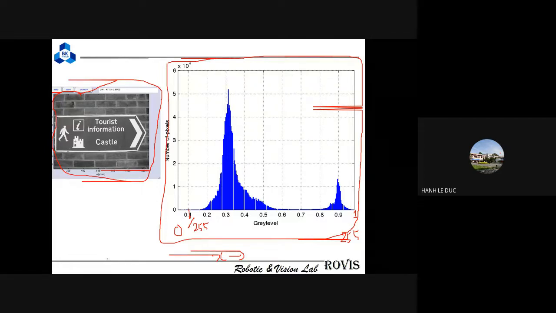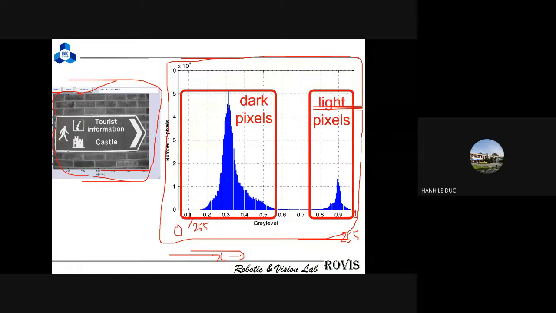From this picture, we can see that this is the dark pixel and this is the light pixel. So if we want to recognize, for example, the person here, or the character here, or the image here, this is the light pixel, right?